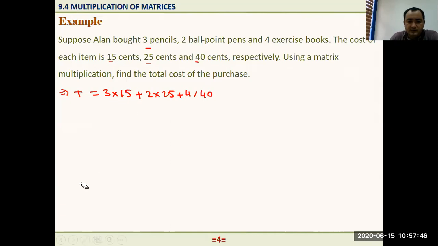All are in cents, right? Now I can just do this multiplication. 3 times 15 is 45, and 2 times 25 is 50.